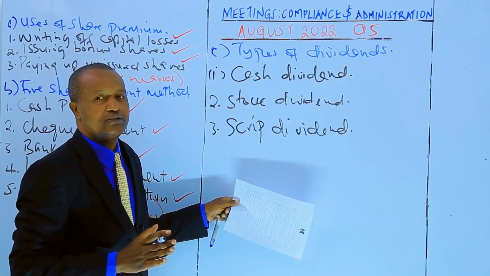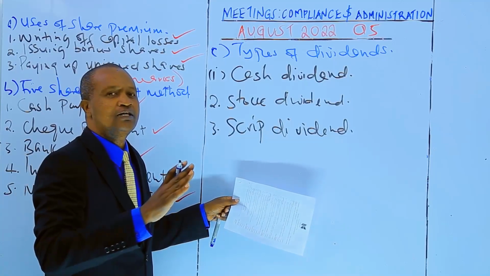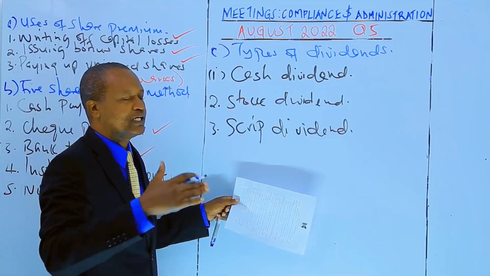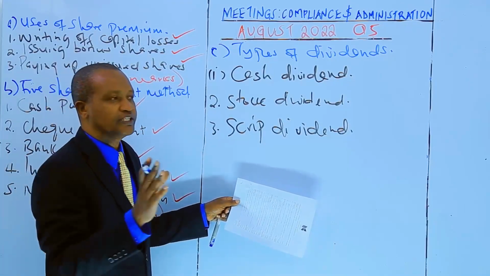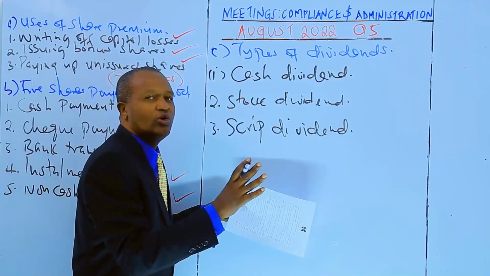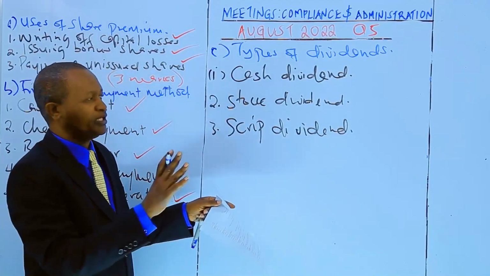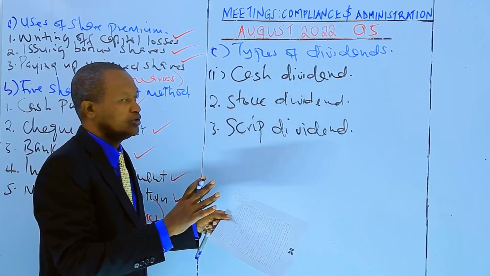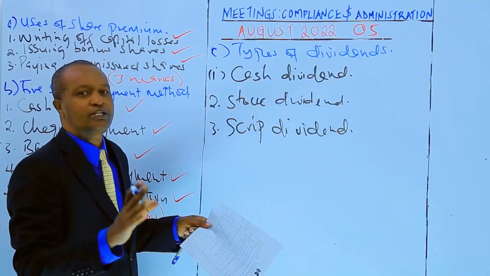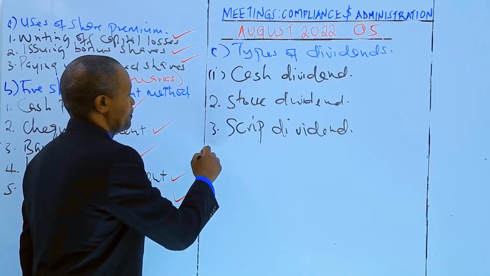So there is a mix there. Scrip, either cash or the shares.